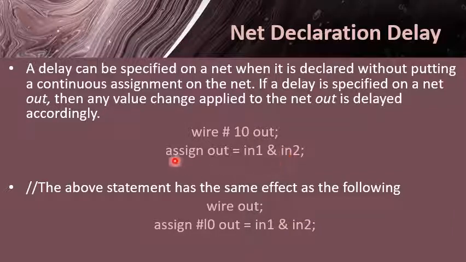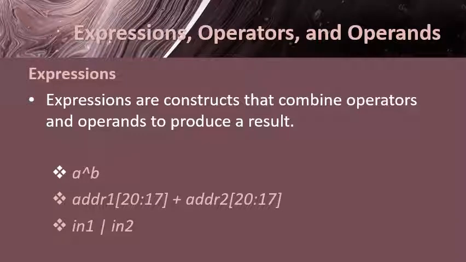Even though in this assignment statement the delay is not specified, and it appears as though it is a regular assignment, since the delay is specified in the declaration itself, wherever you use the signal out, it will be associated with the 10 time units delay. So the above statement has the same effect as the following, that is wire out, assign #10 out equal to in1 and in2.